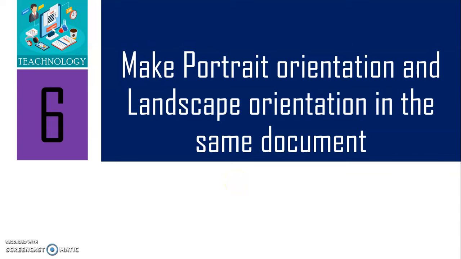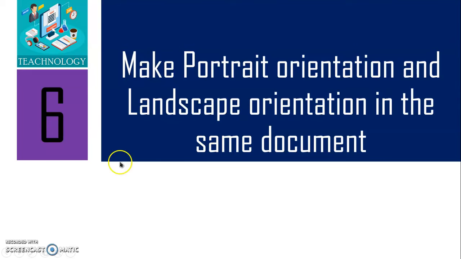The next tip that I am going to give you is how to make portrait orientation and landscape orientation in the same document in Microsoft Word. Normally, pages in a Word document have either portrait or landscape orientation. You might think that you cannot mix and match these two orientations in the same document, but you can indeed have both in the same document.